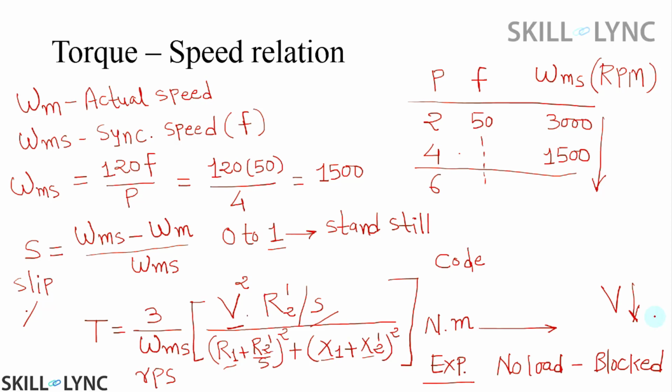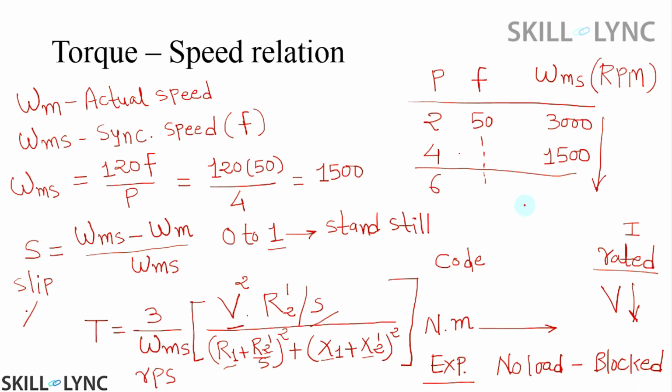Under this condition, some voltage is applied such that the current which flows is the rated current. So let's say 10 to 20% of the rated voltage is applied, which is sufficient to flow the rated current under the block rotor condition. So the rated current flows and we are not getting any mechanical output.